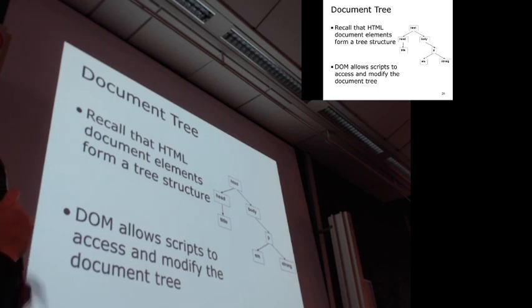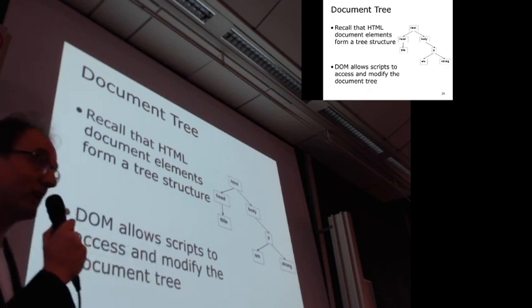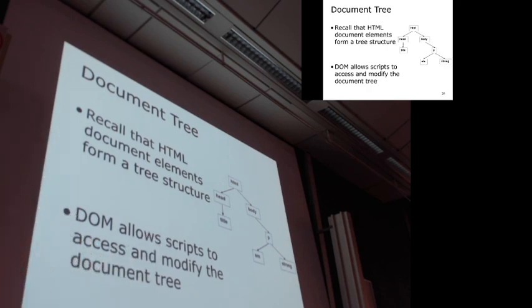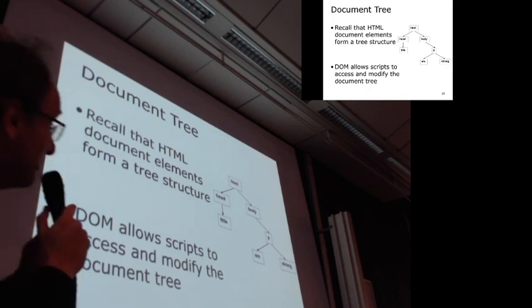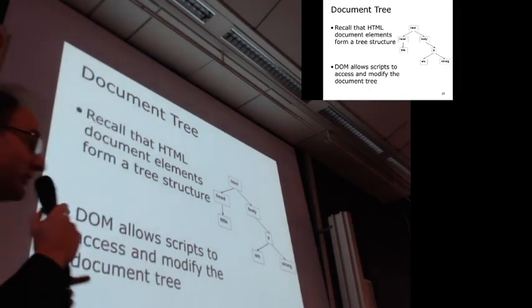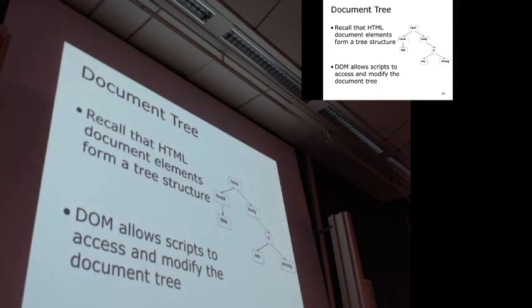If I talk about the descendants of the P element, then it's immediately clear that I talk about the emphasis and the strong element that are part of the P, and probably the text that's also there. And if I talk about the ancestors of the P, I can talk about the body and the HTML element. And if I talk about the direct ancestor, I talk about the body, not the HTML.